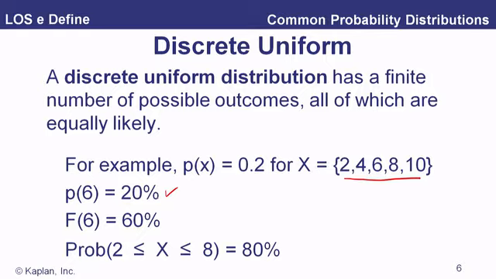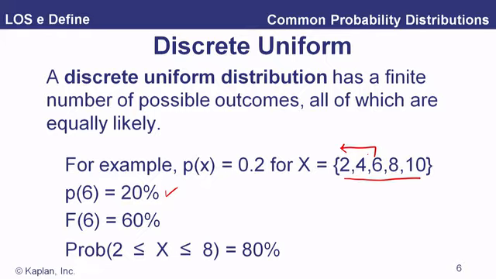So uniform. Now if we look at F(6), that's our cumulative distribution function. What's the probability of getting a value of 6 or less? That includes 3 of our possible outcomes, and each outcome has a probability of 20%.